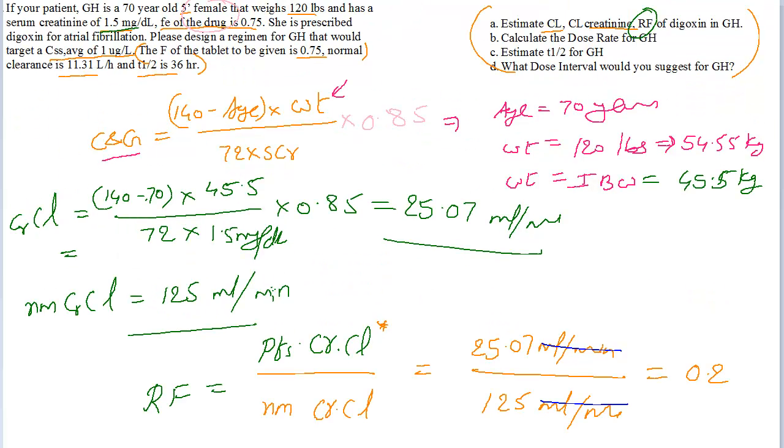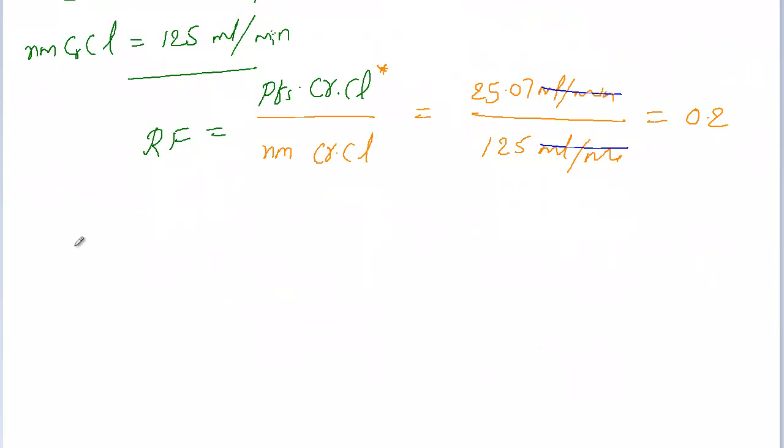Before we discuss the renal fudge factor, let's look at how we calculate the clearance of a patient. The clearance of the patient is equal to the clearance of the normal patient times 1 minus Fe times 1 minus Rf.